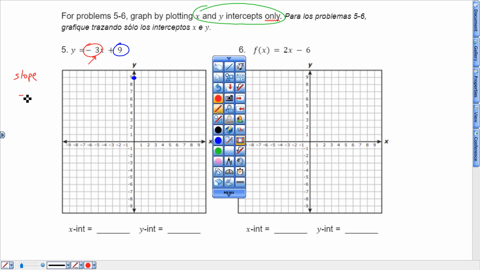So that -3 written as a fraction tells me where to go from that blue dot. So right 1, down 3. But remember, they want you to plot only the x and y intercepts. So right 1, down 3. That's where I'm going to put my last dot.